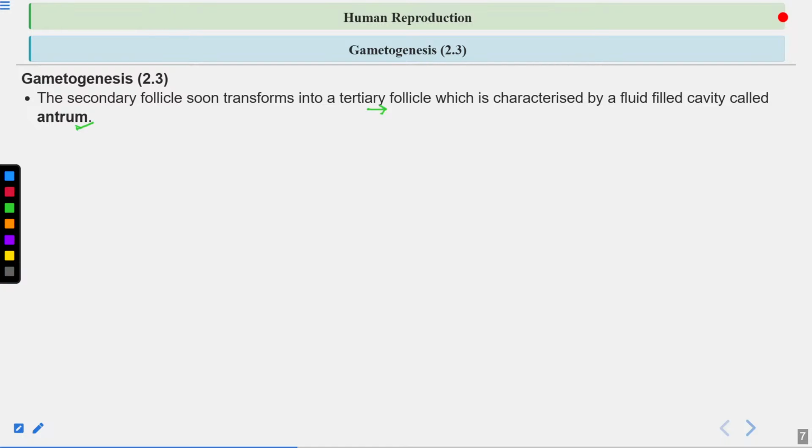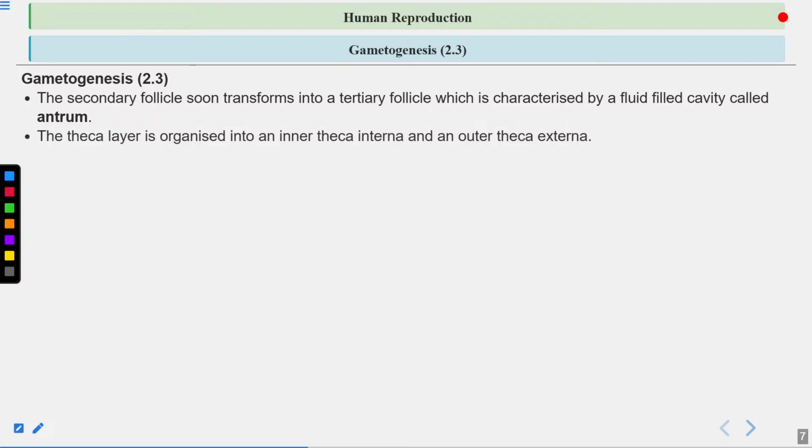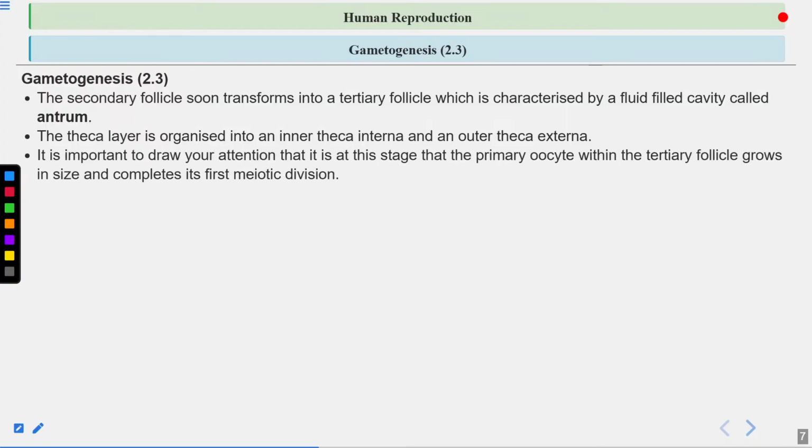Granulosa cells were present outside this primary oocyte, so this granulosa cell secretes this fluid. Now the theca layer is organized into an inner theca interna and outer theca externa. So there are theca layers also. One is inner, another one is the outer.